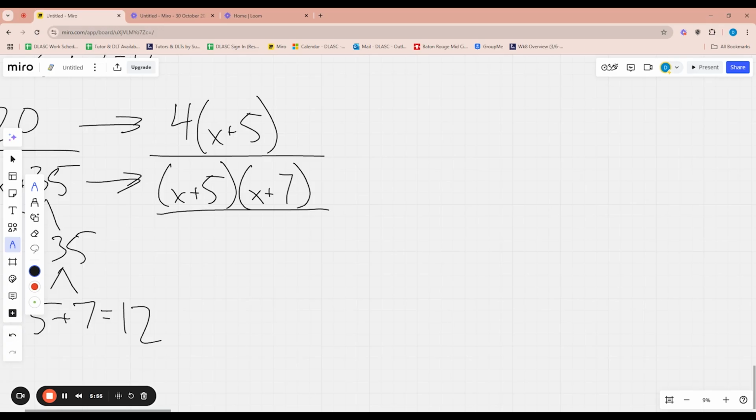And for rational expressions, it's really easy to see those undefined values because, remember, whenever you have fractions, the denominator can never be 0.